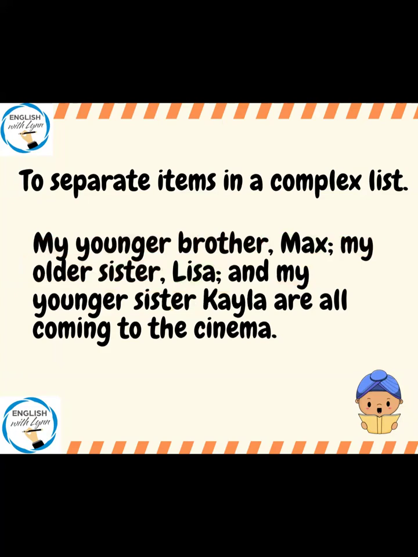Okay, now I've not got all of those people with me because of the way that the sentence is punctuated. I have got my younger brother Max is one person. Max is my younger brother. Okay. I also have my older sister Lisa.